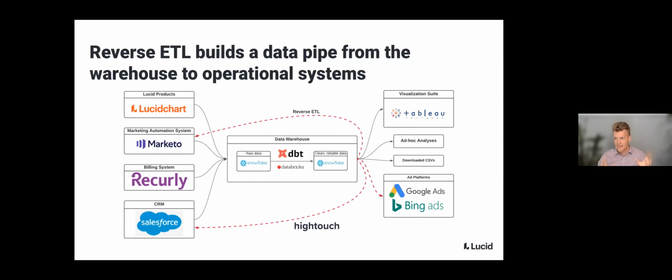So visually, that's just these red dashed lines here, taking the outputs and pushing them into other systems. Some of those are the same systems that we get data from to put into the data warehouse. And some of them are systems that are just destinations. They aren't really sources of data, but they're important for the business operationally.